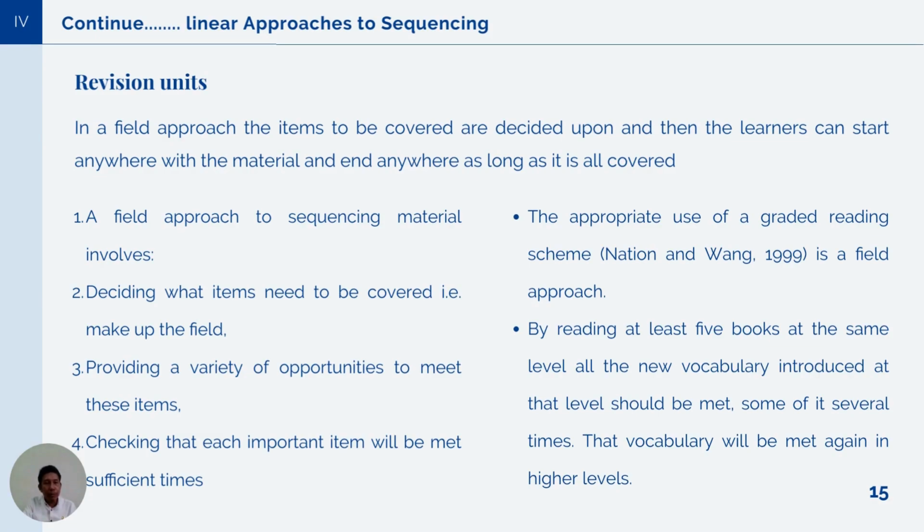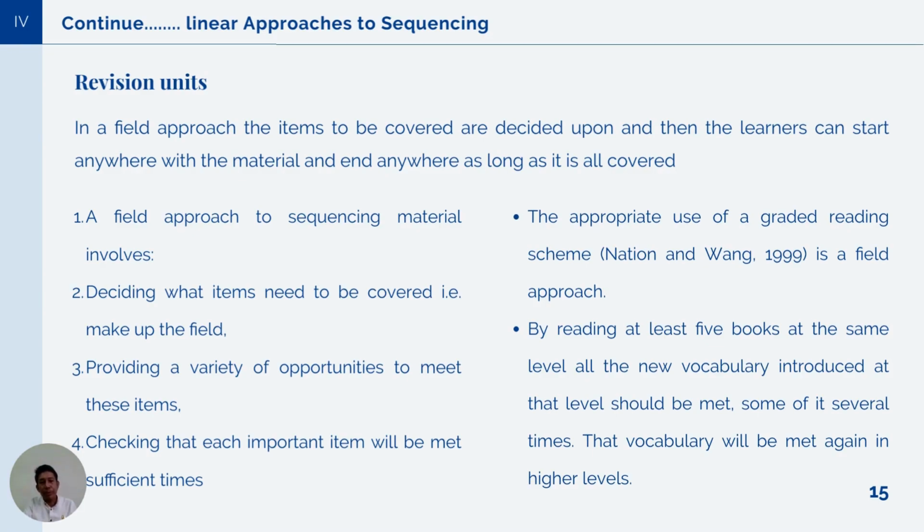In the field approach, the items to be covered are decided upon, and then the learners can start anywhere with the material and end anywhere as long as it is all covered. A field approach to sequencing material involves deciding what items need to be covered, for example, make up the field, and providing a variety of opportunities to meet these items, and checking that each important item will be met sufficient times.